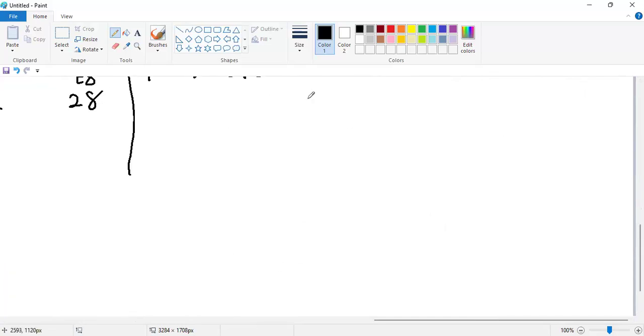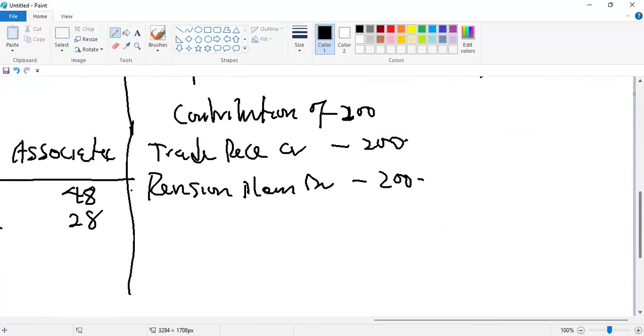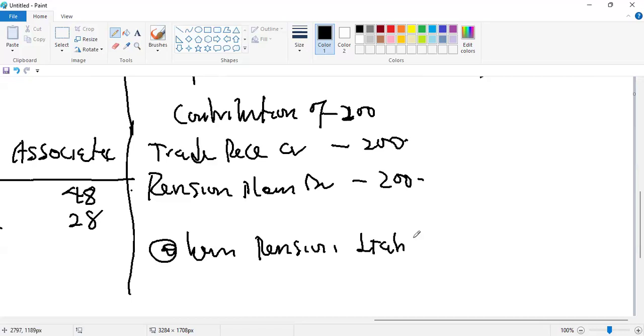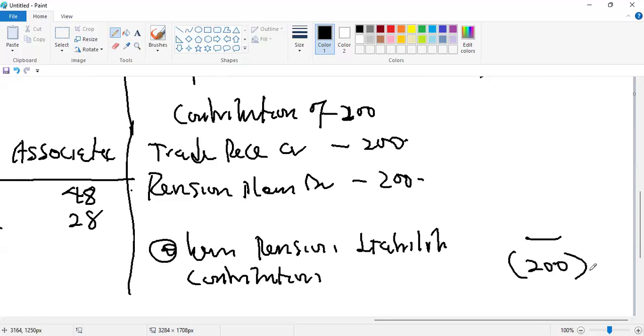Don't forget my pension plan: there's nothing at the beginning. We always have liability more than assets. So the contribution of 200 reduces the liability.